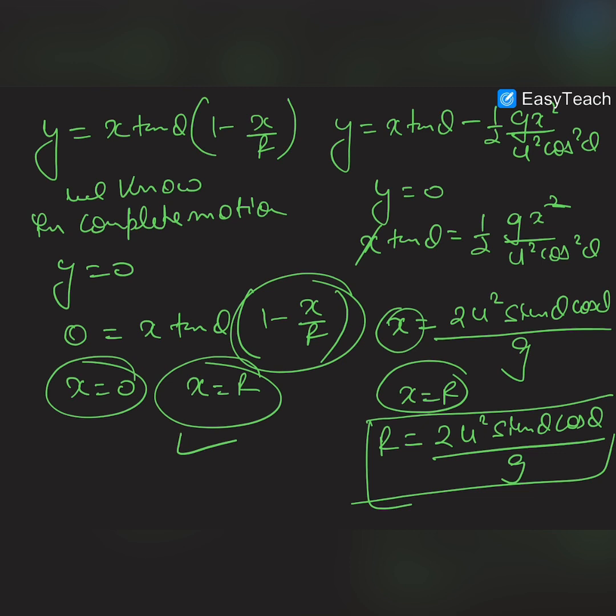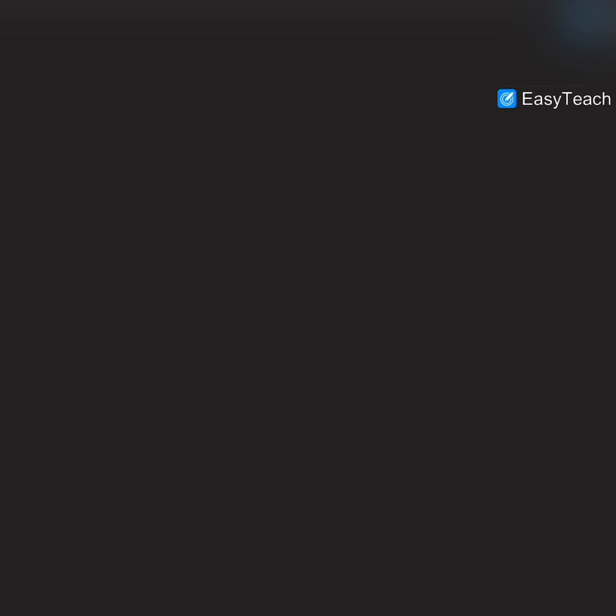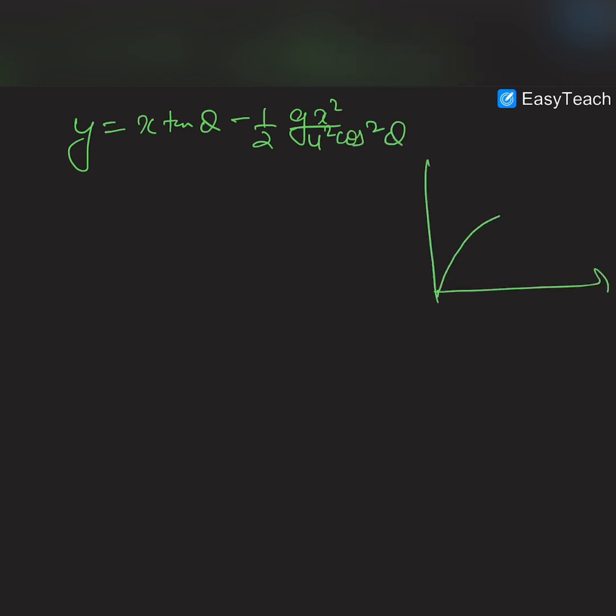And now let us find out the maximum height by the equation of trajectory. To find the maximum height, we know that y is equal to x tan theta minus half g x square upon u square cos square theta. You can see that in this motion, at the top point the slope is 0. Obviously, if we find the slope of this parabola at the top point, then it is 0.